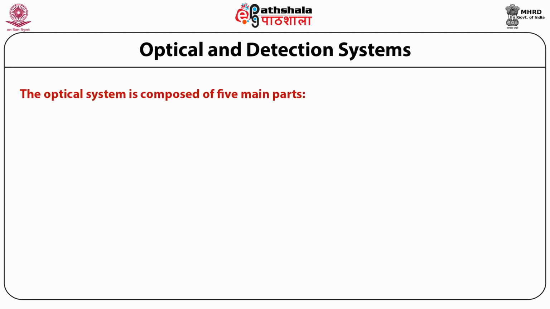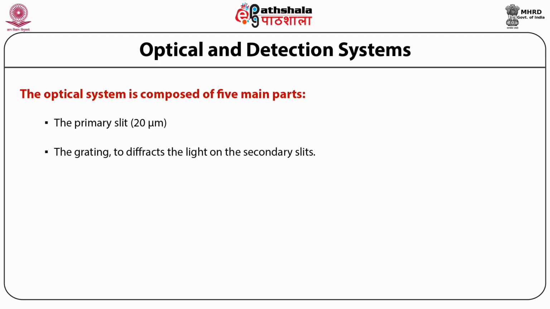The optical system is composed of 5 main parts. One, the primary slit. This is the opening through which the light that is produced from the sample gets into the grating, which is of 20 micrometers. Then the grating, which diffracts the light that comes through slit 1 onto the secondary slit. Third, the secondary slit, to narrow down the wavelength bands.